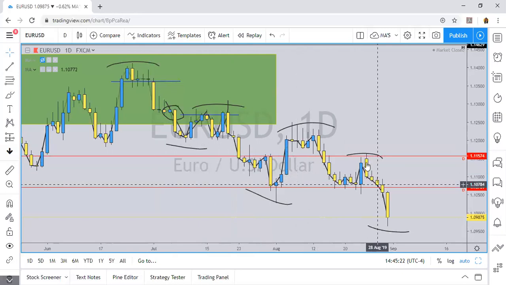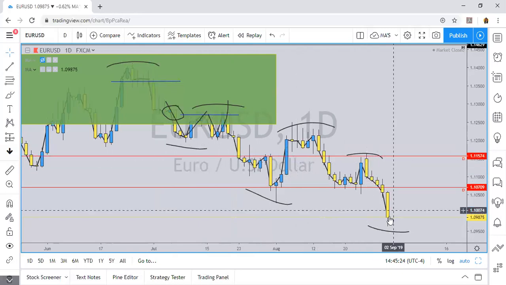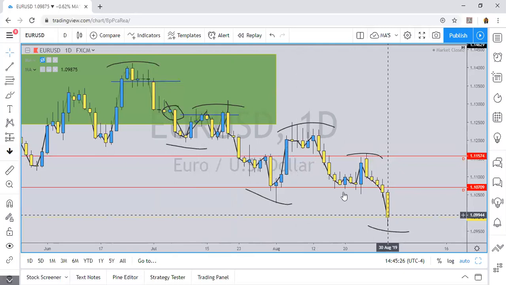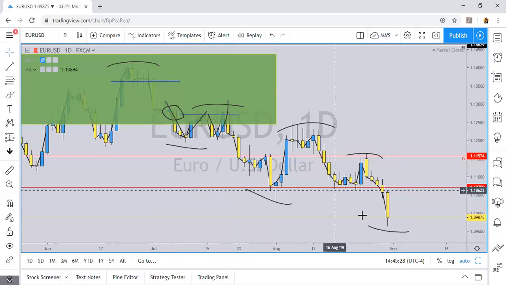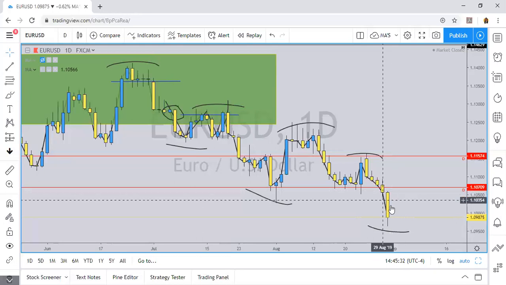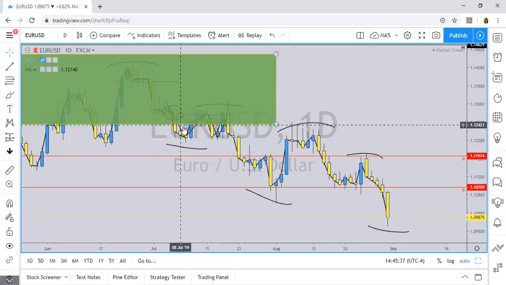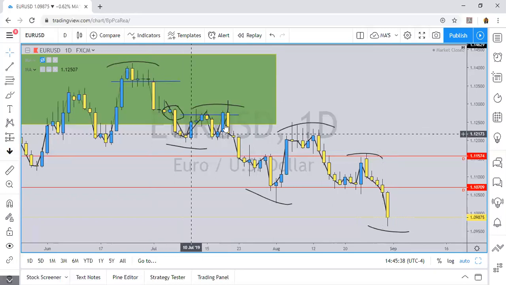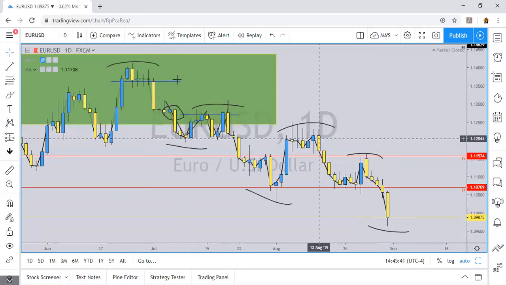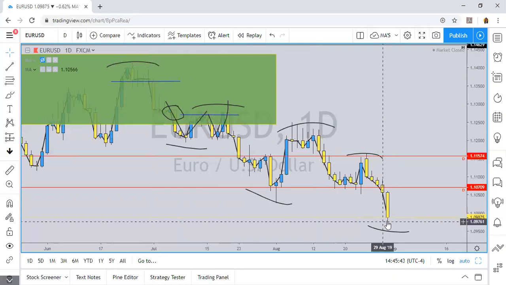Okay. Now, coming back over here, this is where I'll actually dive into this area, because now this is my main focus. I'm just giving you information and details in regards to how the market was moving to get up to this area.